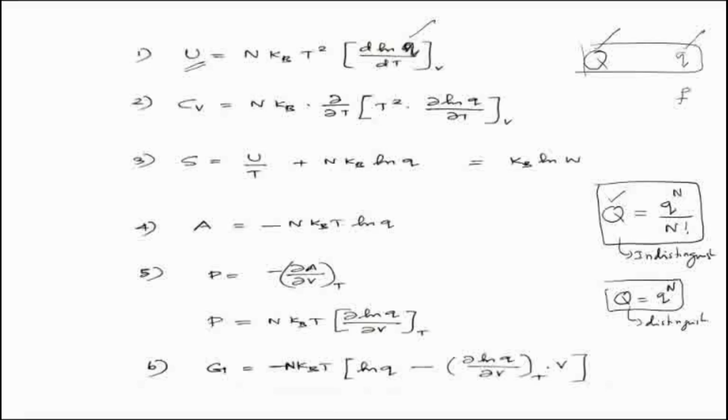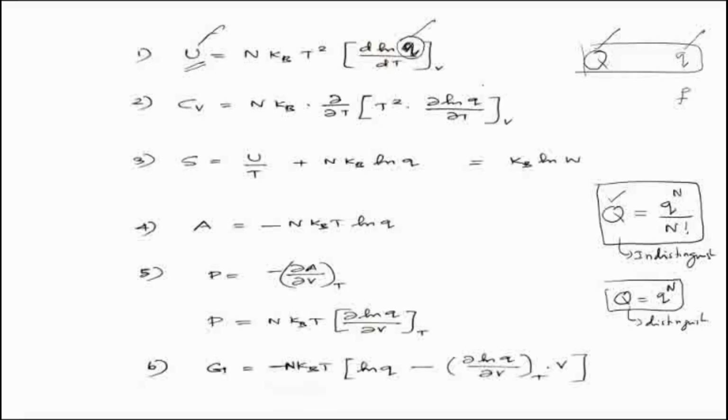Small q is the molecular partition function for a given system. So using this formula, if you know the molecular partition function, you can calculate the internal energy of the substance. We have derivations for all these formulas, but I'm not going to do that. I'm just giving you how the different thermodynamic properties are related with the molecular partition functions.